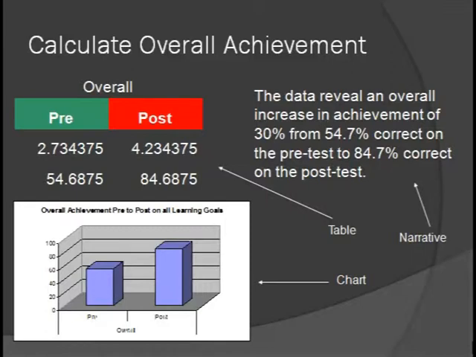And on the post-test, the students got an average of 4.2 on each one of those, and that is an 84.7%. So the overall increase, we'll look over to the right, is 30%.